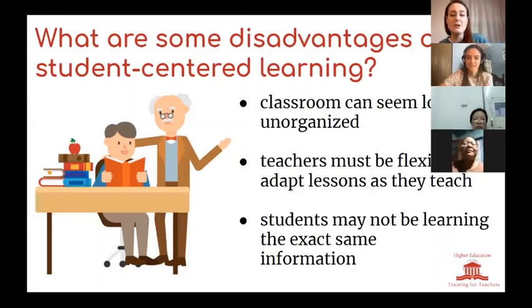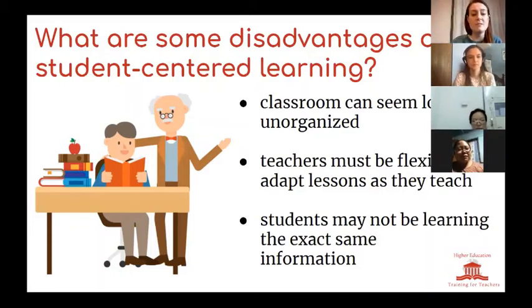Teachers must be flexible and adapt lessons as they teach. If you're just standing at the front and talking, you know what you're going to say. If you have to adjust to what the students need, it takes a little bit more work. And maybe students need to learn slightly different things, or they're focusing on different things.